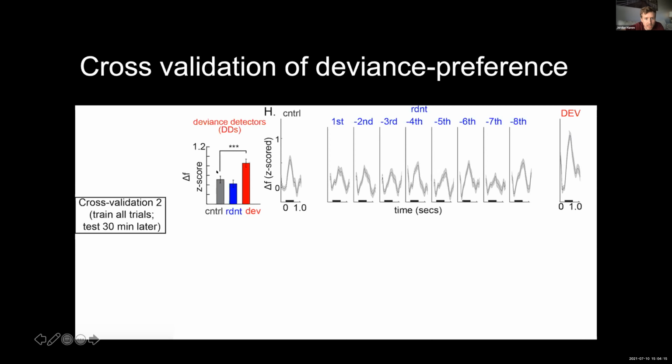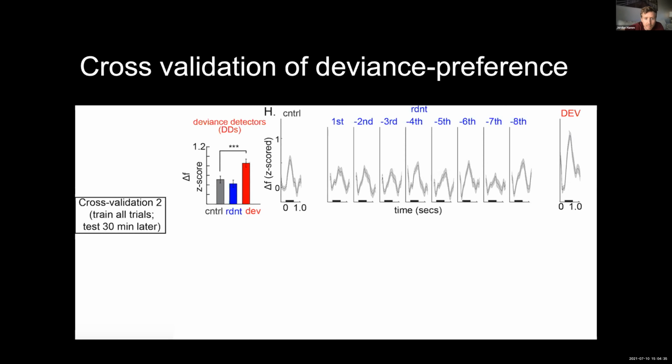As you can see, there's some slight decrease in responses to the redundant stimulus from its first presentation all the way through. And then when that stimulus is deviant, you get a much larger response. So this sort of cross-validation confirms that these neurons do have stable deviance detecting properties.